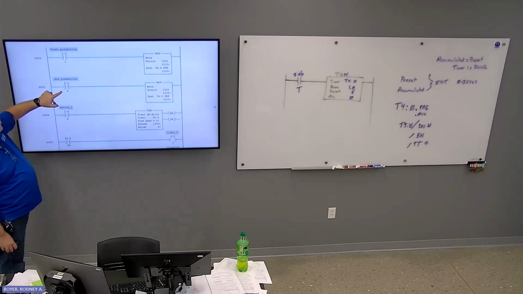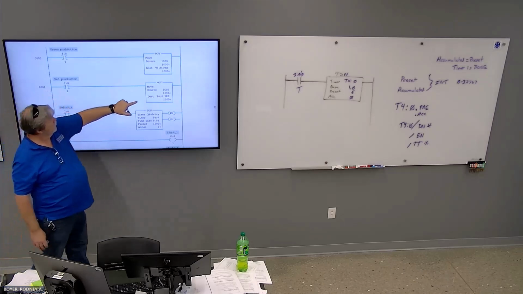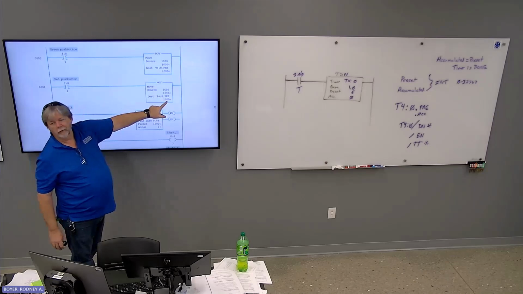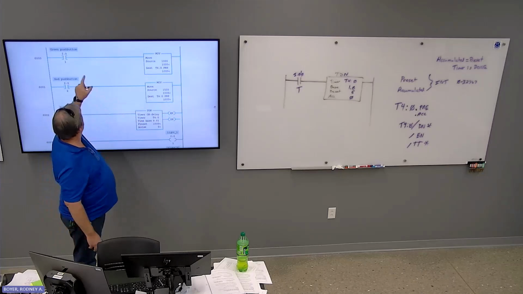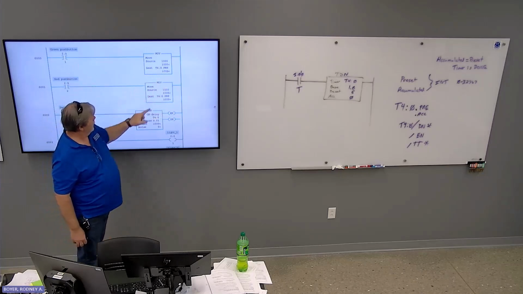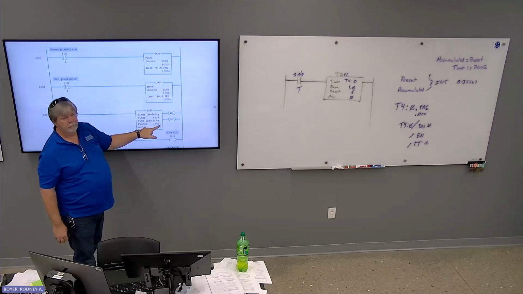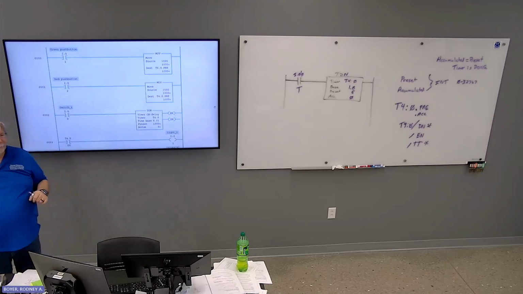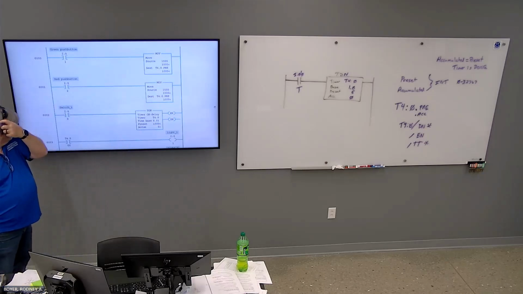If instead you press the red push button, you're going to move 1500 into the preset value of timer T40. Apparently somebody pressed the green button because the preset shows 1000. Okay.